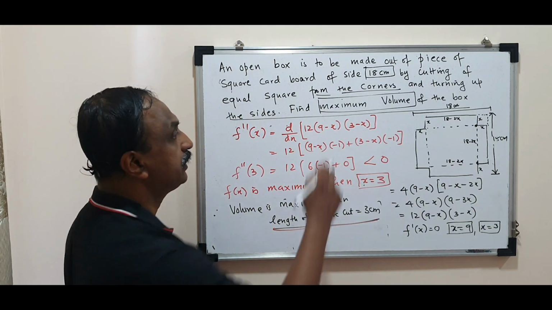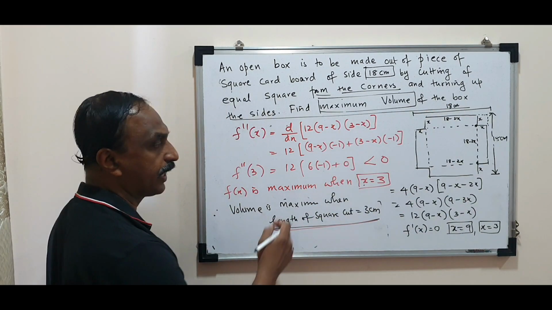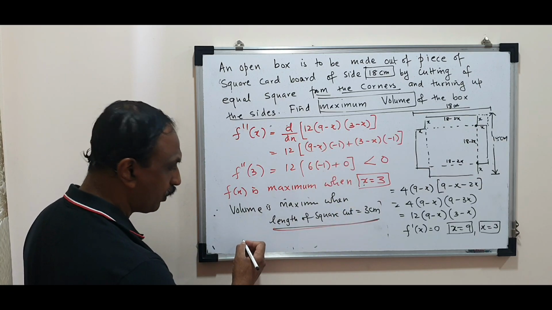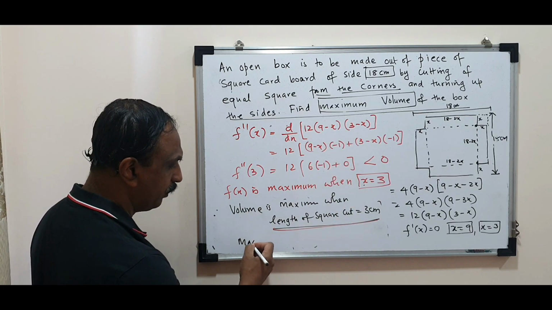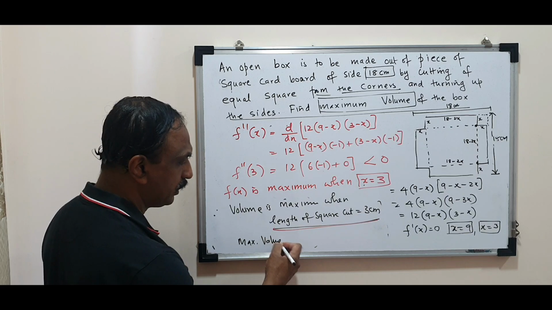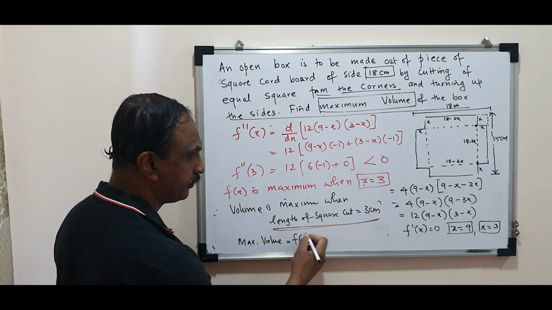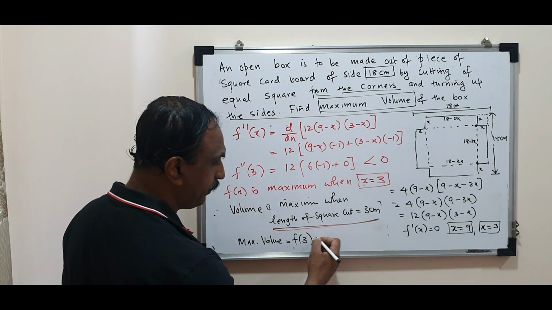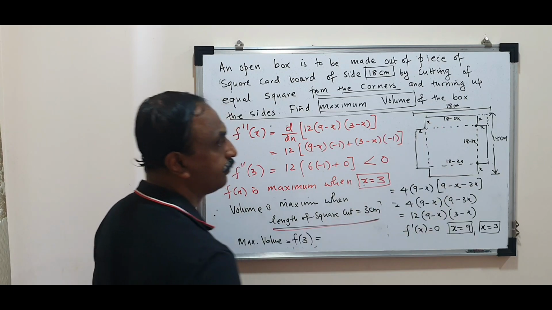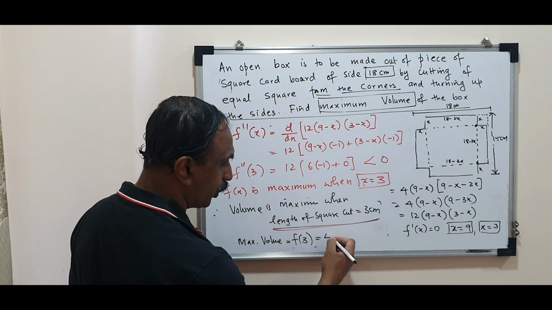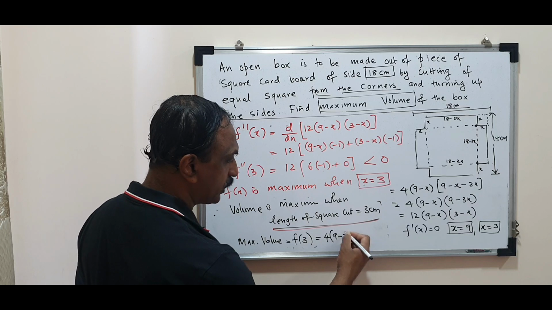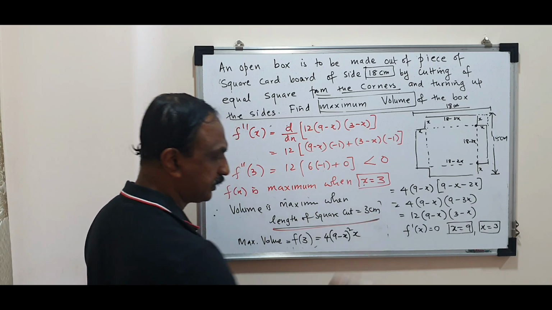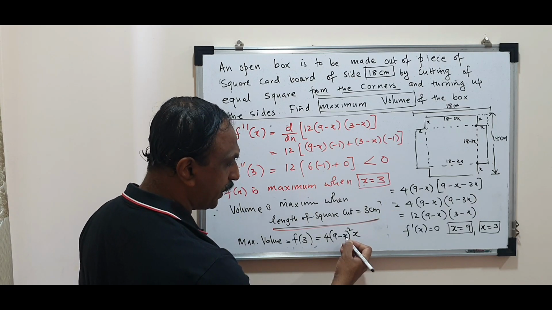And we are asked to find the maximum volume. So what will be my maximum volume? The maximum volume is f of 3. And what was our f of x? f of x was actually 4 into (9 minus x) the whole square into x. So I'll replace x by 3.